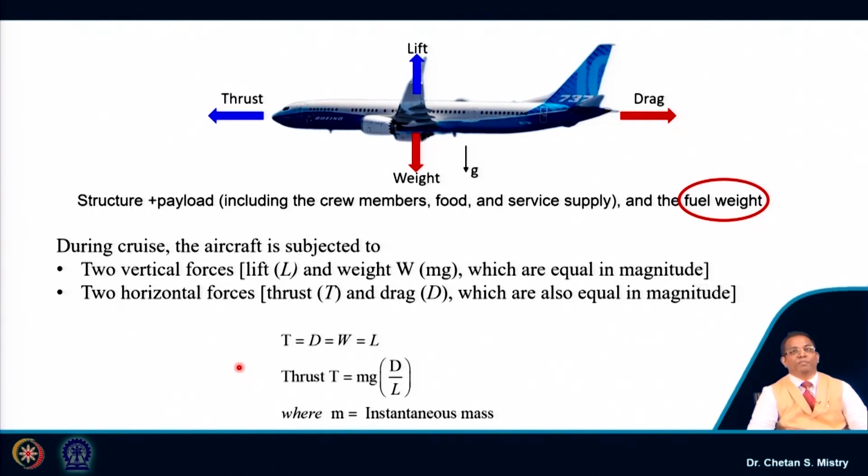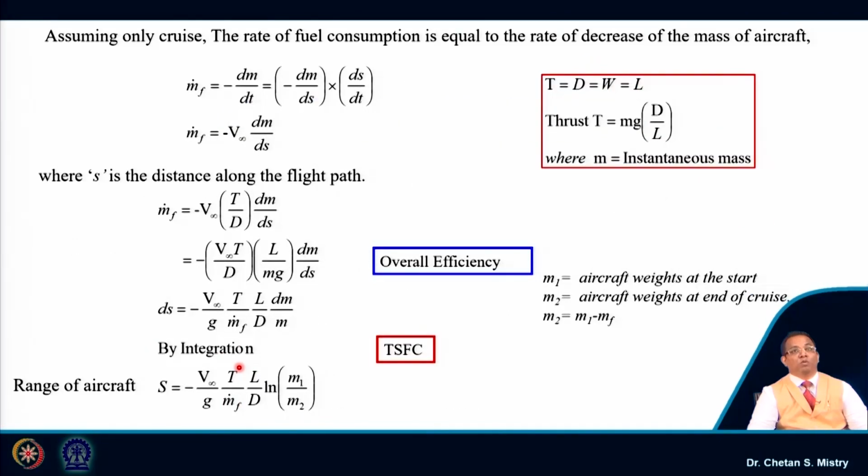Now, in this case my W we write in terms of m into g, where m is my instantaneous mass. Suppose I consider a cruise condition: the rate of fuel consumption is equivalent to the reduction in the mass of my aircraft. So, we can write m dot f as negative dm by dt.